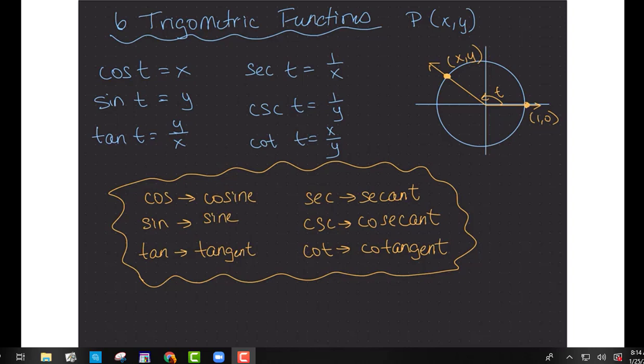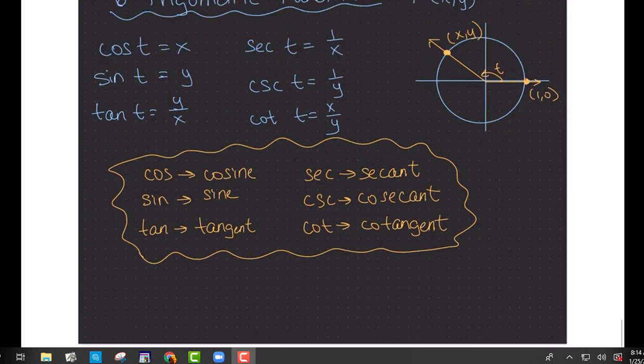So now what they're going to ask you to do is they're going to give you a point that's on that unit circle, and then they're going to want you to find the 6 trigonometric functions for that point. So let's say here's our little circle, and our initial side.